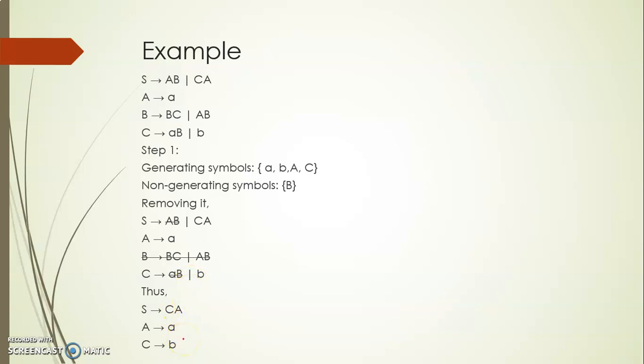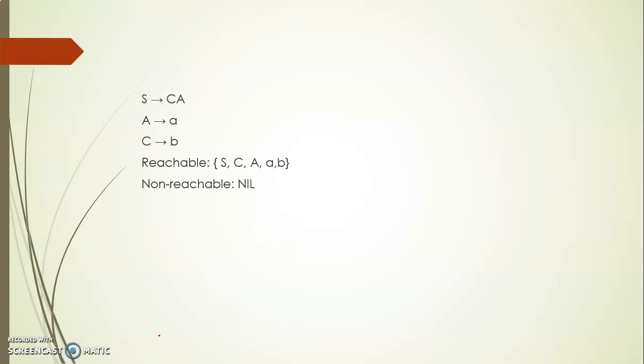While going for step 2, that is removing non-reachable symbols, the output of this grammar, that is, the grammar after removing the non-generating symbol, must be passed as an input for it. So by default, as per definition, we'll include the starting symbol of the grammar, and all the symbols in its expansion, C and A, are included.